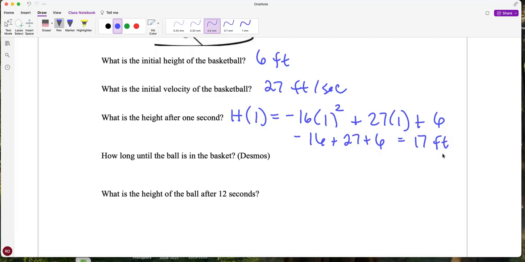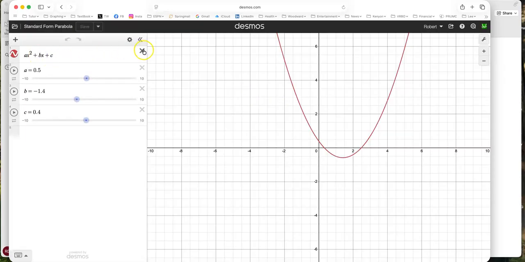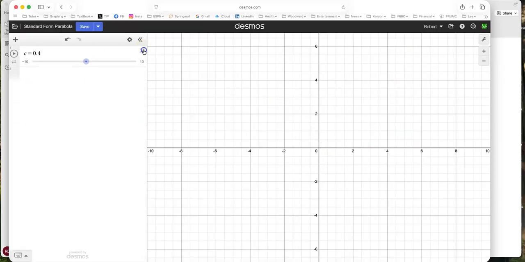How long until the ball hits the basket? For this one, I'm going to go into Desmos and just look at this. So we'll clear this out.